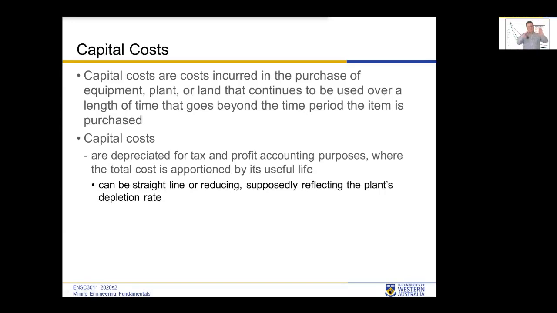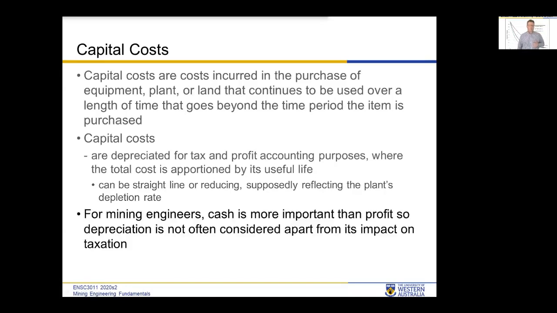Take the cost and spread it out over the expected 10-year life or 6-year life of the mine. And we tend to keep it simple. Cash is more important than profit, so we generally don't get involved with any fancy depreciation. This depends where you are in the world, and what depreciation laws the tax office lets you use.